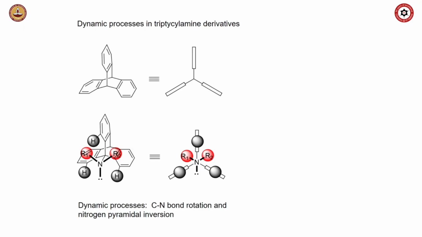As a cartoonic representation, because benzene is a planar ring, I have put this as a cartoonic representation of the same molecule. Now this molecule has a steric crowding around this area where three of the hydrogens are trying to stop this rotation of the carbon-nitrogen bond because of the steric hindrance. So this will be CN bond rotation as well as nitrogen pyramidal inversion, the two processes one can study here.